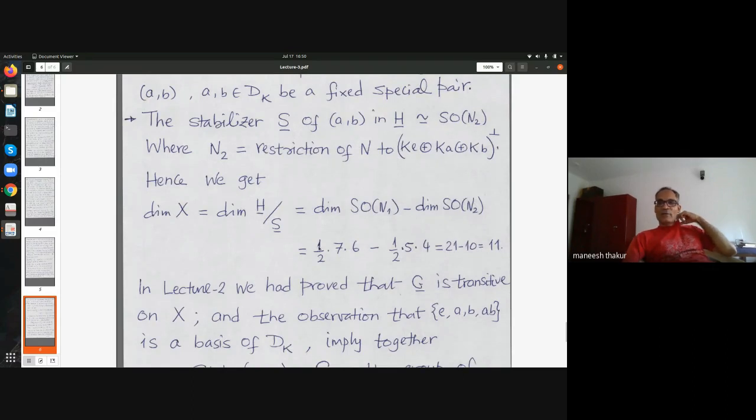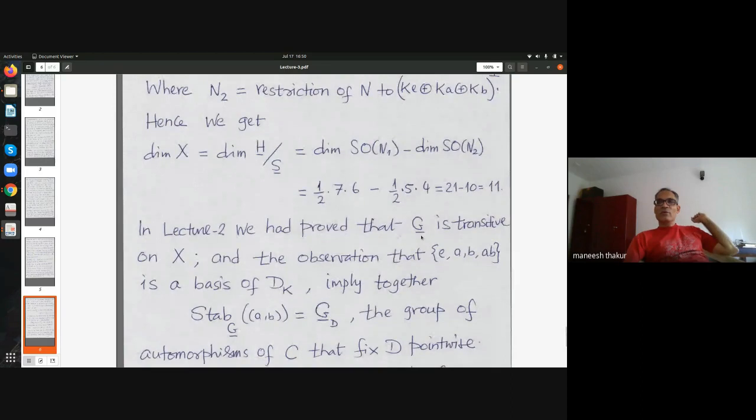On the other hand, we will now use the transitivity of the automorphism group on X that we showed last time. Any two pairs for a fixed lambda and mu are joined by an automorphism. There one uses Witt's extension theorem and so on, but that requires some work. So using that, we know G bar acts transitively here.